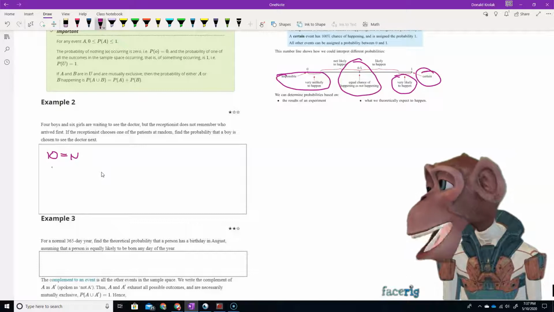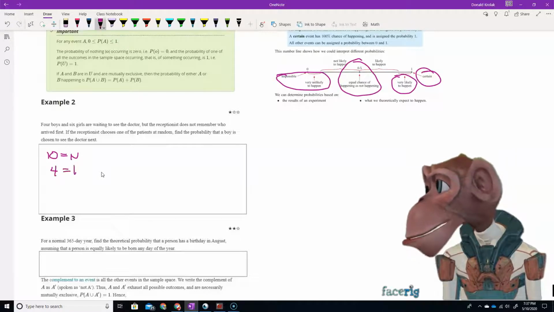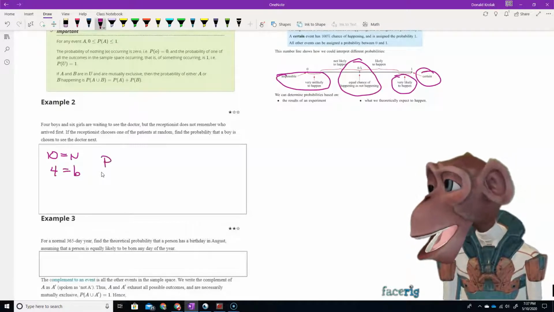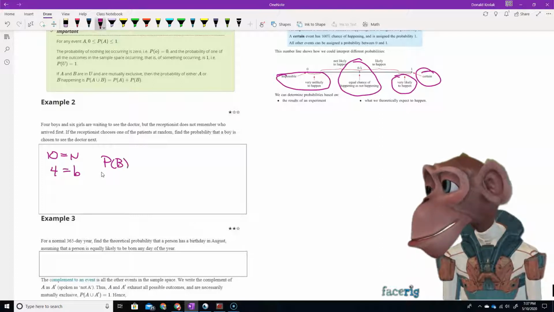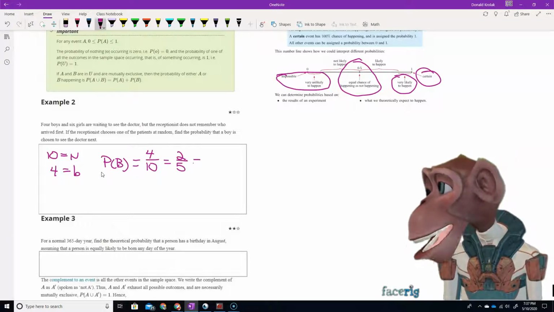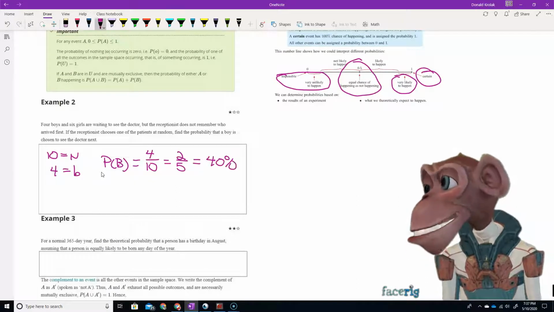And out of those 10, 4 of them are boys. So the probability of randomly choosing a boy, very simple, is just 4 out of 10, or 2 out of 5, or 40%.